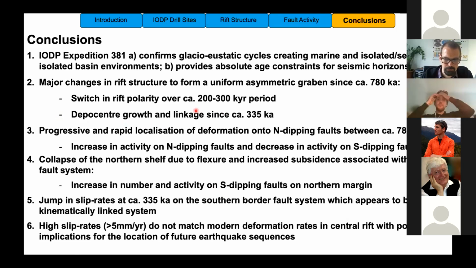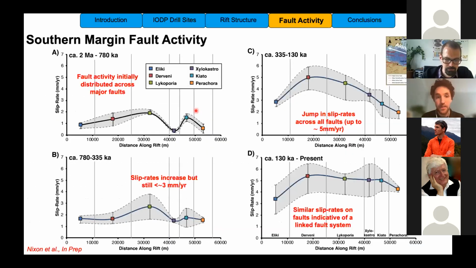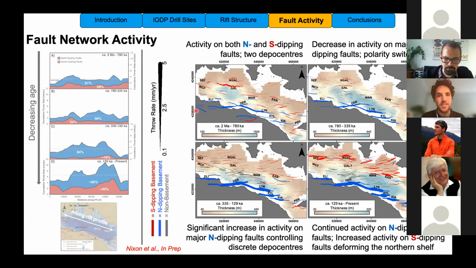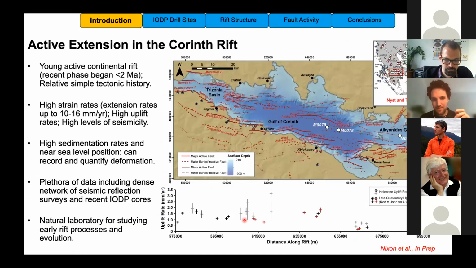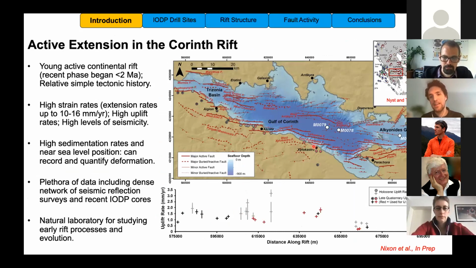Yeah, well, I should have mentioned maybe the timescales. If I go back to the first slide, because that shows the uplift data. These are averaged uplift rates, but they're in the immediate footwall of the large border faults going along strike. They're averaged over certain time periods in the late Quaternary.